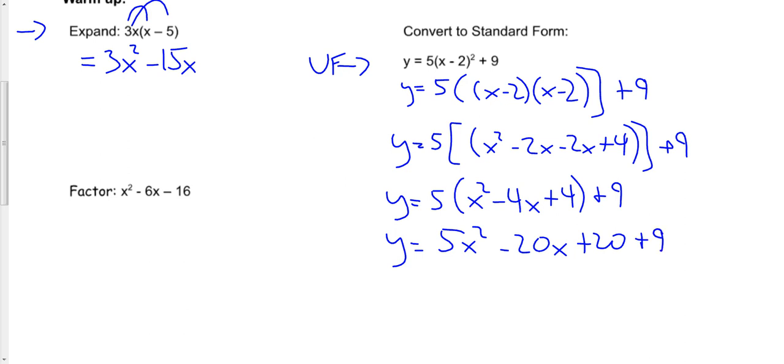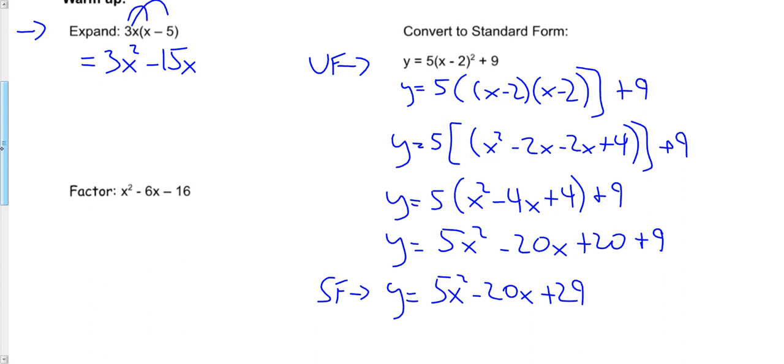So again, I'm left with one set of like terms, the positive 20 and the positive 9, and I can add those two things together. So I'm going to have 5x squared minus 20x plus 29. Okay, so we've now converted from vertex form all the way down into standard form.